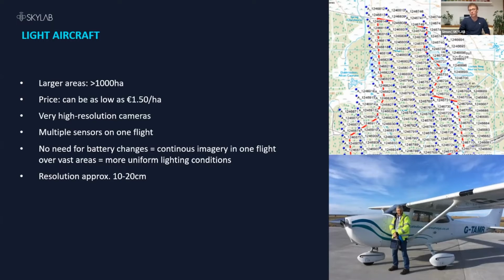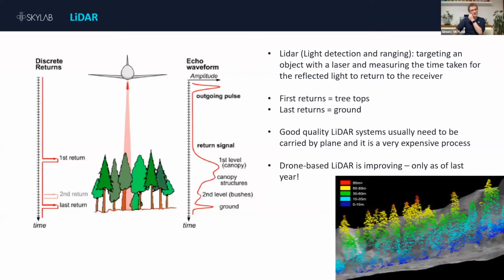But that's all photogrammetry. There's also a different method I want to talk about, that's LiDAR. LiDAR is an active sensor. You send out a laser pulse, and this returns on multiple levels. It returns on the canopy, it returns on the ground, and also in between, as you can see on the left-hand side.